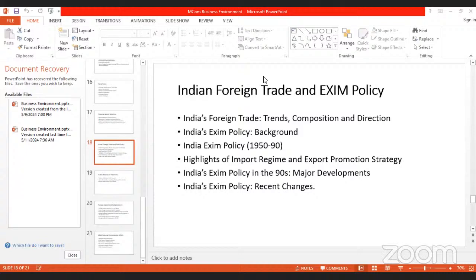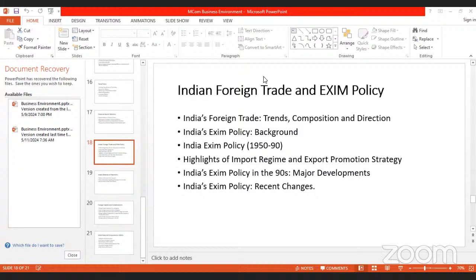Also, India's foreign trade and exim policy have evolved significantly from a protectionist approach to a more liberal as well as globally integrated framework. The trends, composition, and direction of India's trade reflect its dynamic economic landscape and efforts to enhance global competitiveness.